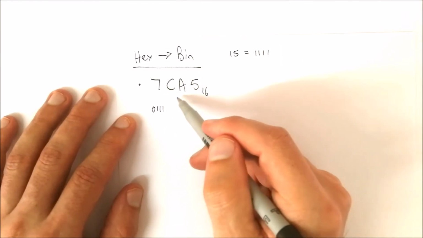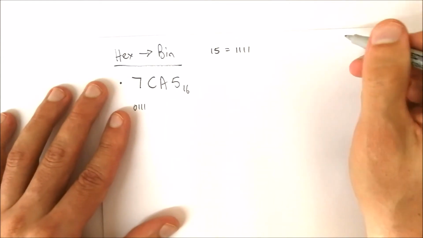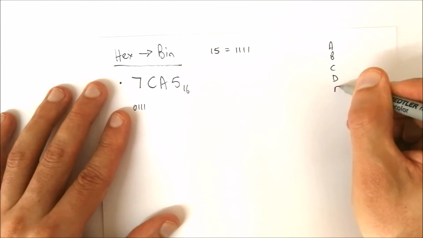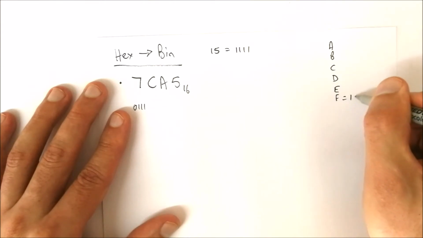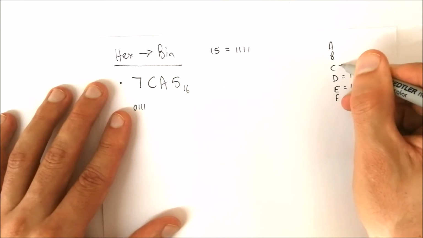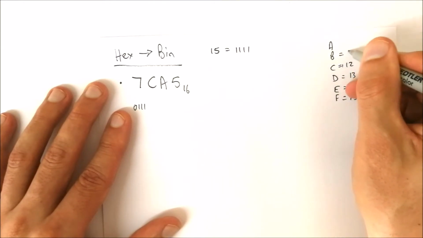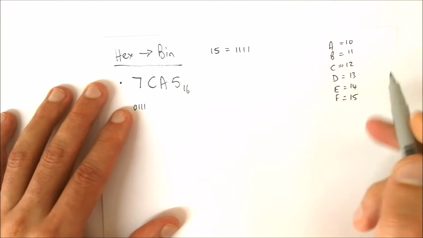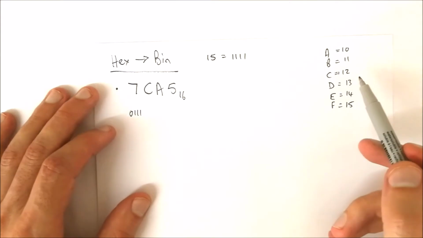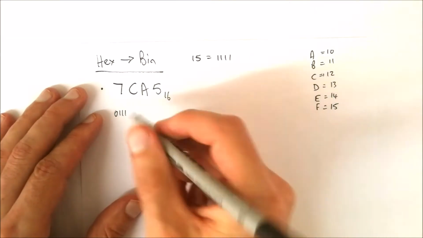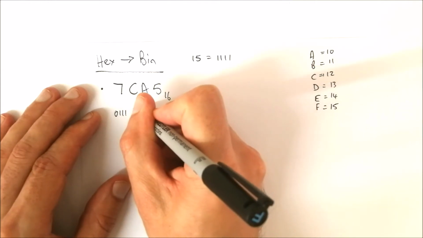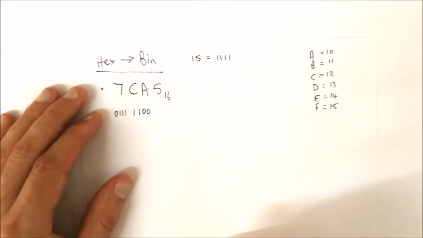What about C? Now we've got to look at the table. So I'm going to just write over here A, B, C, D, E, and F. That's equal to 15, 14, 13, 12, 11, and 10. So C is a 12. 12 in binary would be 8 plus 4 and 2 zeros.